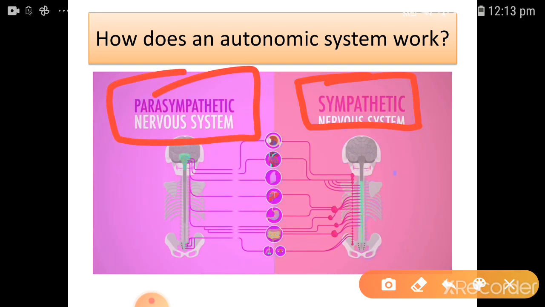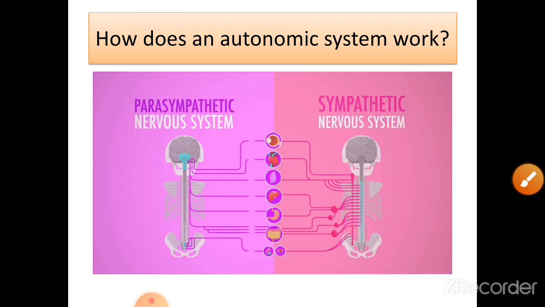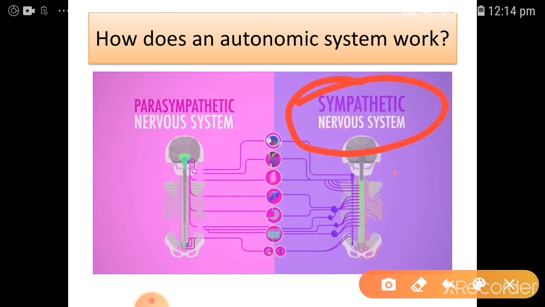So what does this mean? It operates through two systems. For example, in times of fear, what happens? The pupil of the eye gets dilated, and this is done by the sympathetic nervous system.